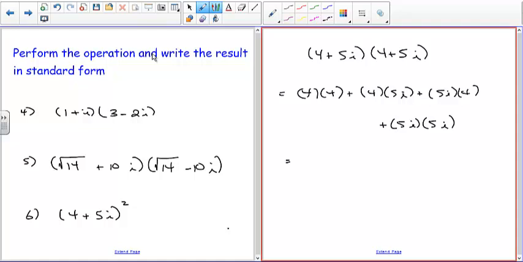So the first term is just normal multiplication, 16. Here we have 20i, and here we have 20i. So we multiply the two real numbers together here. So we get 20i, and then we have 25, 5 times 5 is 25, times i squared.